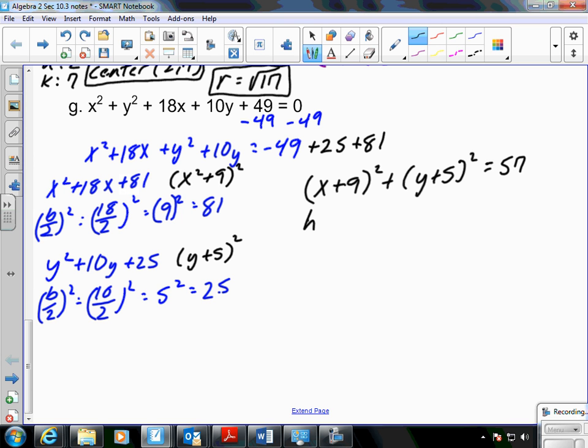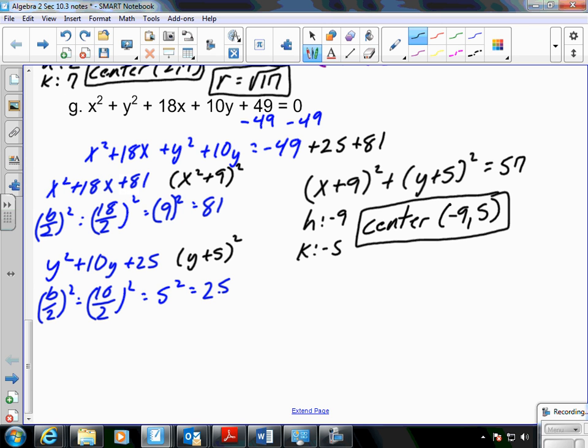So identify h and k. H is going to be negative 9, k is going to be negative 5. And so the center is going to be the point negative 9, negative 5. And r squared equals 57, so take the square root of both sides.